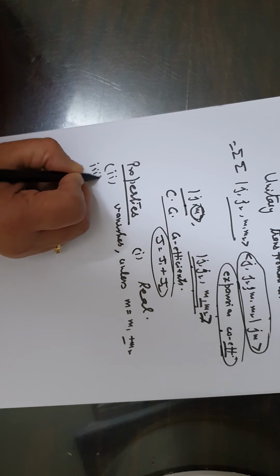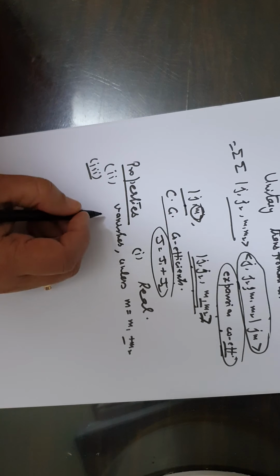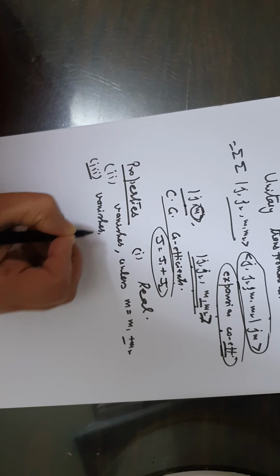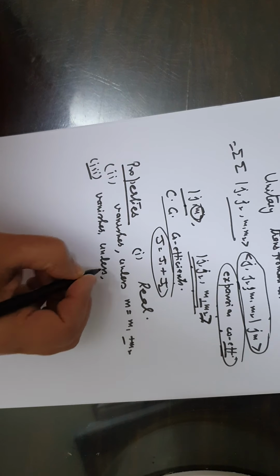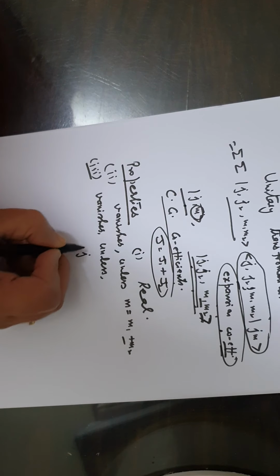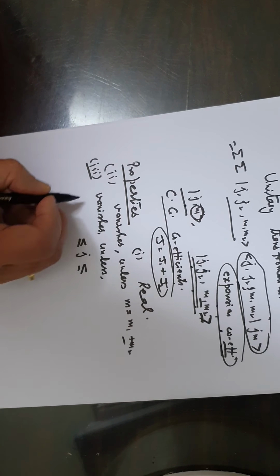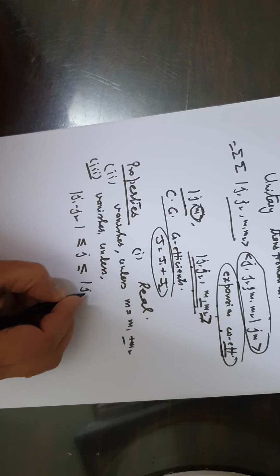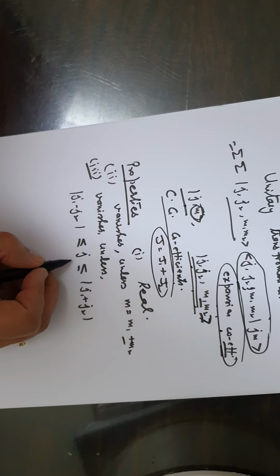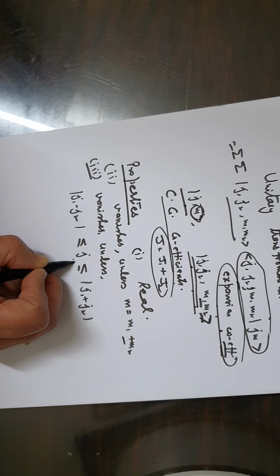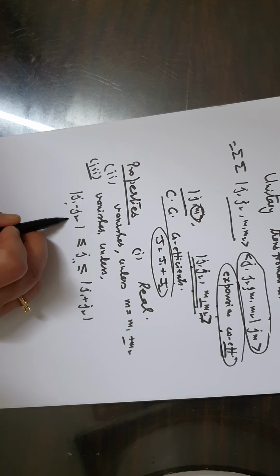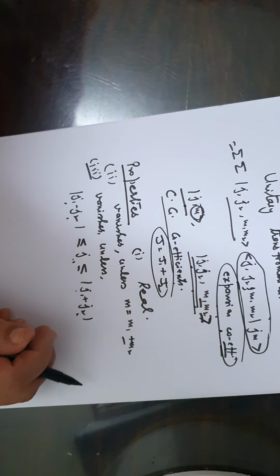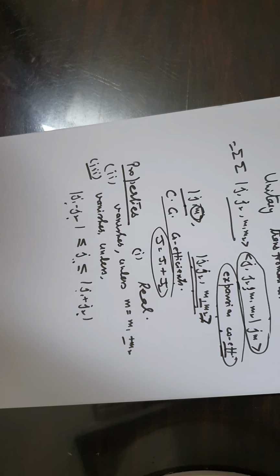The third property is that the CG coefficient vanishes unless J lies between J1 minus J2 and J1 plus J2. Only those values of J are permitted which lie between the difference and the sum of the two angular momenta.